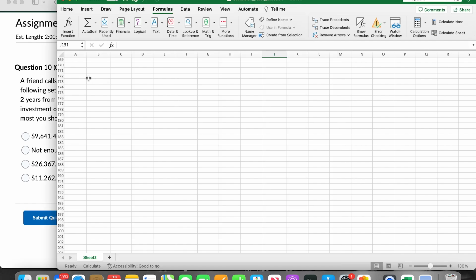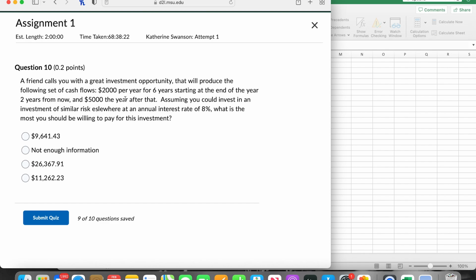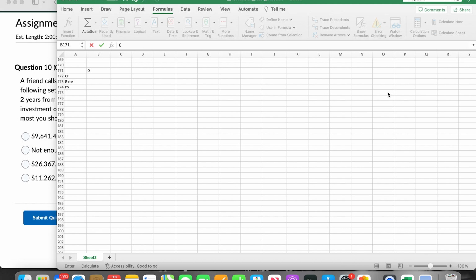So we're going to create a cash flows chart similar to ones that we've done before. So cash flows, rate, we're going to be calculating the PV. So 0. It says 6 years starting at the end of 2 years from now. So 2 years and then an additional 6 years, we're looking at about 8 years.